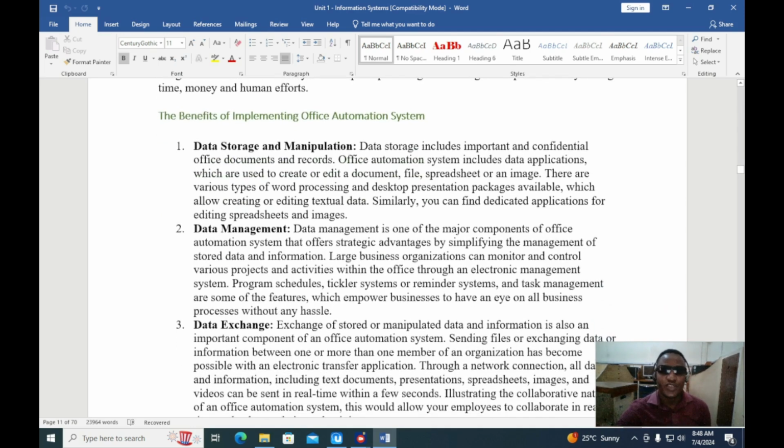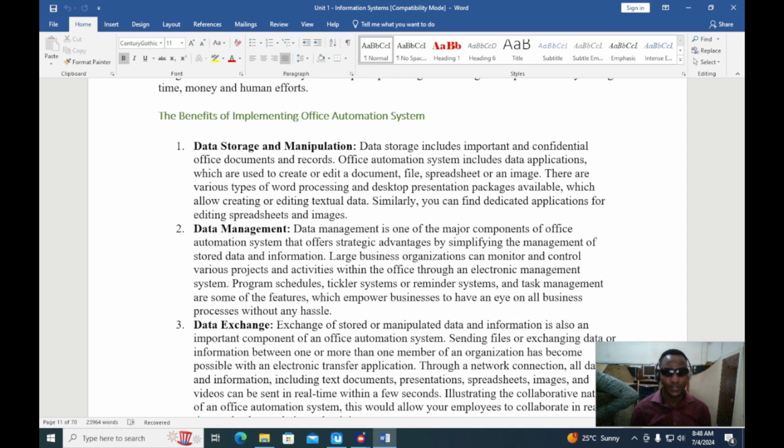The benefits of implementing office automation systems are: 1, data storage and manipulation. Now, data are the important and confidential office documents and records. So when we talk about office automation, it is going to include data applications that we use to create or edit documents, files, spreadsheets or even an image.